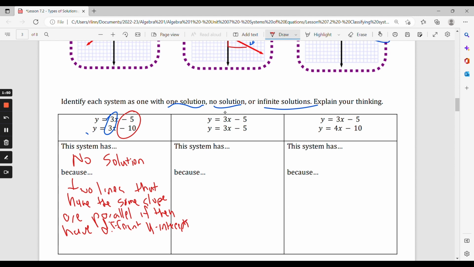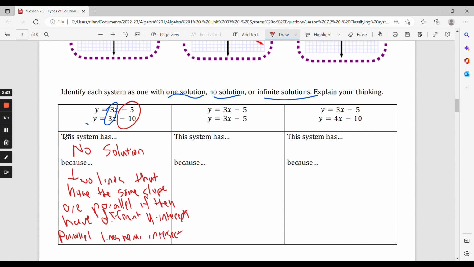Parallel lines never cross. So this has no solution.